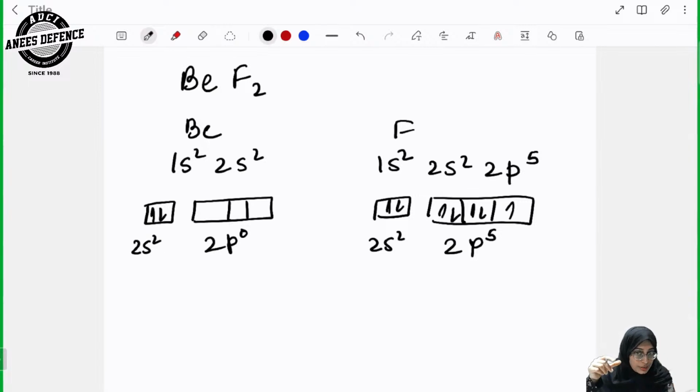We will mix the 2s and 2p and make new orbitals having equivalent energy, called hybrid orbitals. After that they will overlap.